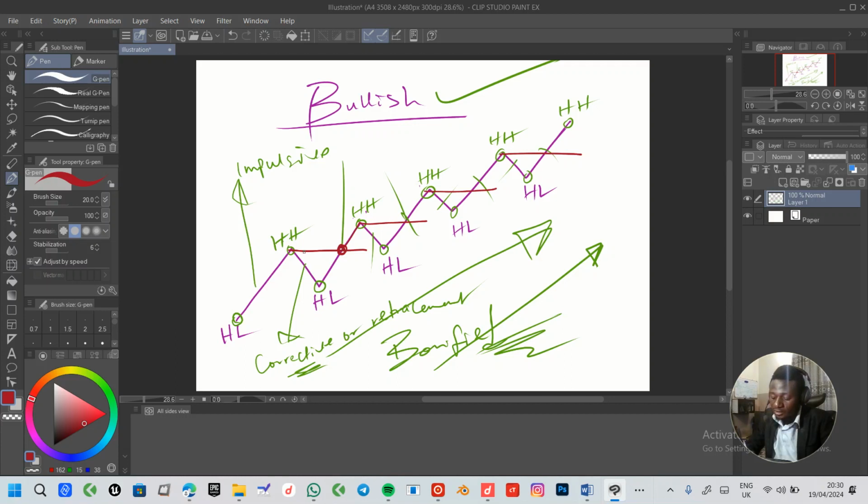See here, the market broke the last high, and that was why, because price action broke the last high, that's why this one is called a higher high. And this one, because the market broke the last what? Higher high, that's why this one is called a what? Higher high, because it's higher than the previous higher high. It's higher than the previous high.